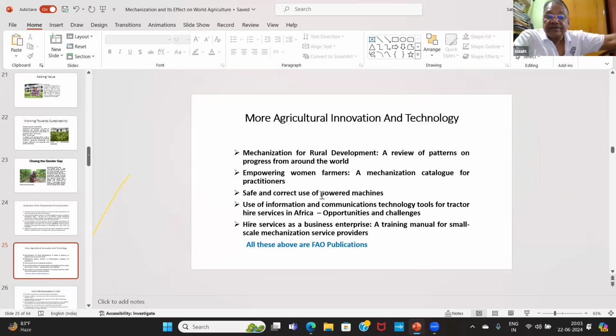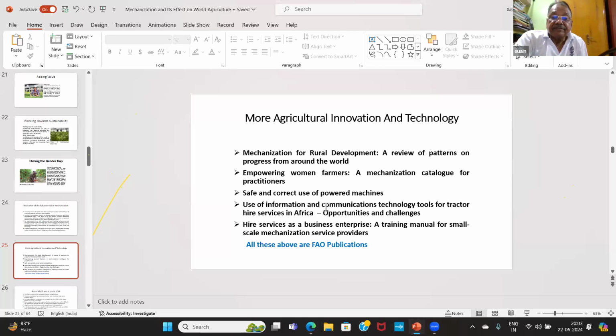In our third visit, we were very grieved to see that one person had expired because of the unsafe use of the knapsack power sprayer. He was working in the direction of the wind, instead of opposite to the direction. So he inhaled everything and died in the field itself.